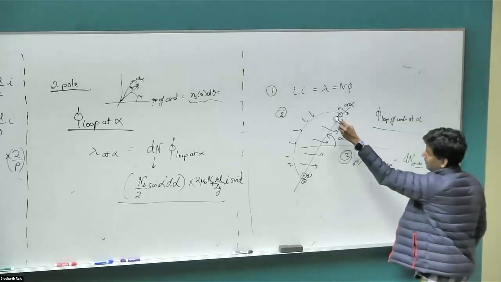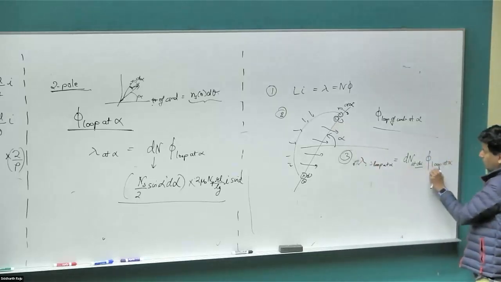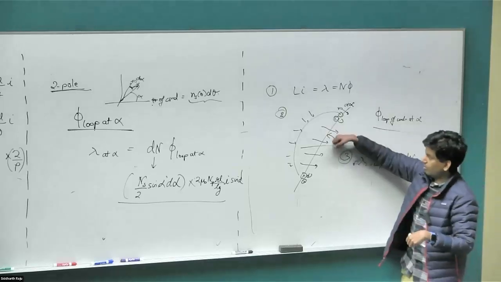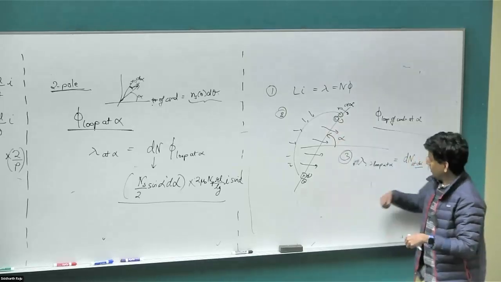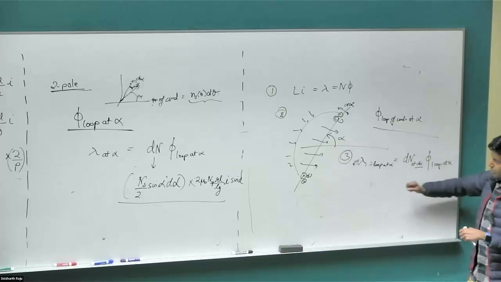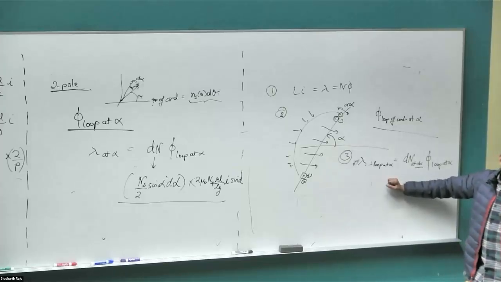If I had one conductor here, it would be 1 times the flux through that loop. If I have two conductors, that's 2 times the flux, which is the total flux linkage because the flux is linking two coils.